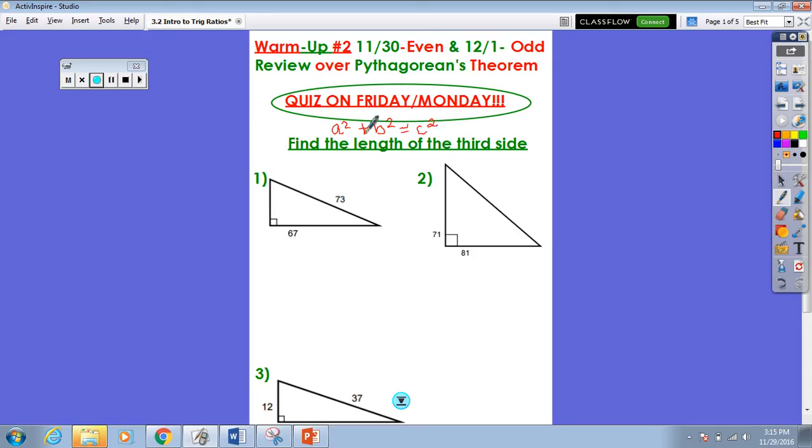A and B, of course, will be the legs. C is the hypotenuse. So looking at this picture, the side that we don't know is this side, and we normally call that side A. A is normally the vertical piece. B is normally the horizontal piece, so 67 would be B. And that means 73 is my C.